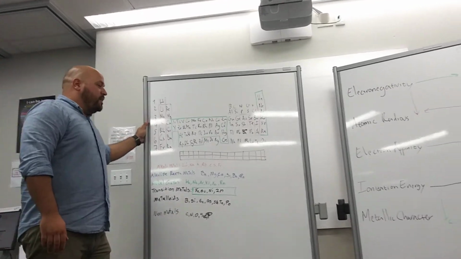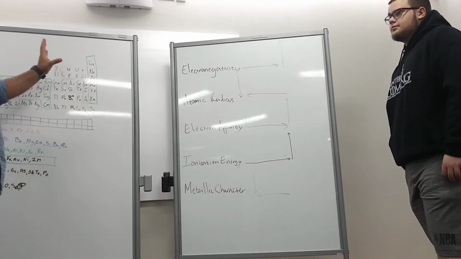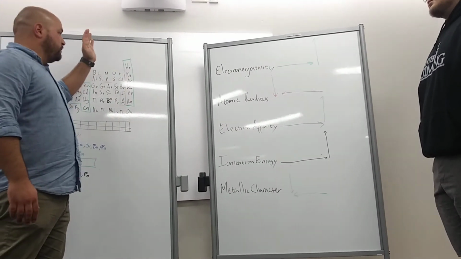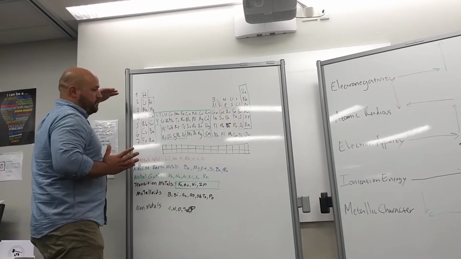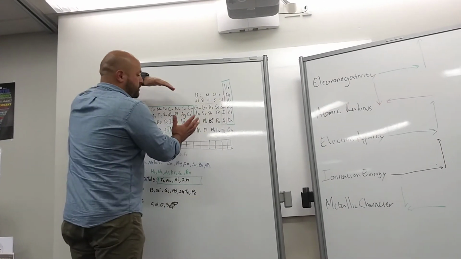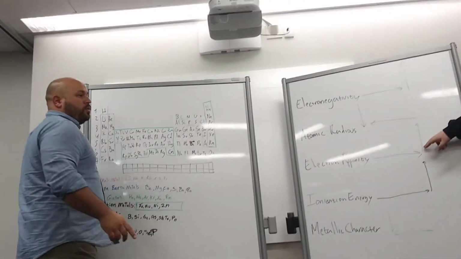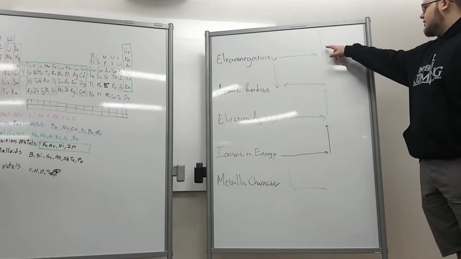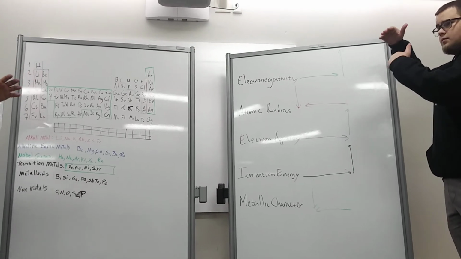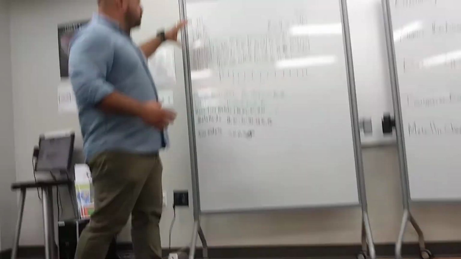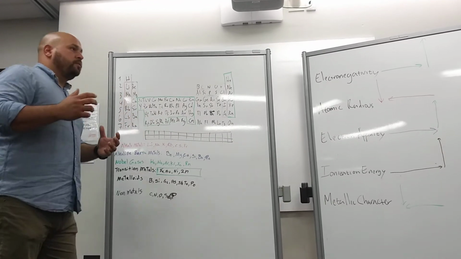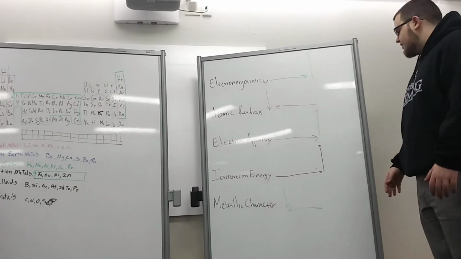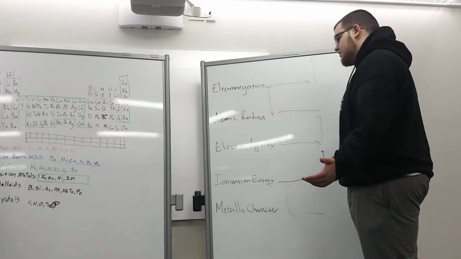With the ionization energy, as well as with the electronegativity, both of them have the same pattern. Just like Eduardo was saying, electron affinity and electronegativity have the same related pattern, as you can see. They have the same directional patterns because they're very similar.